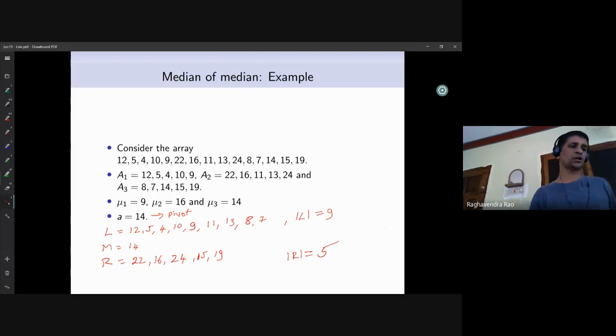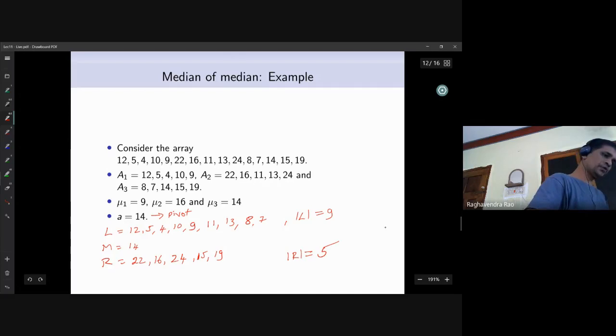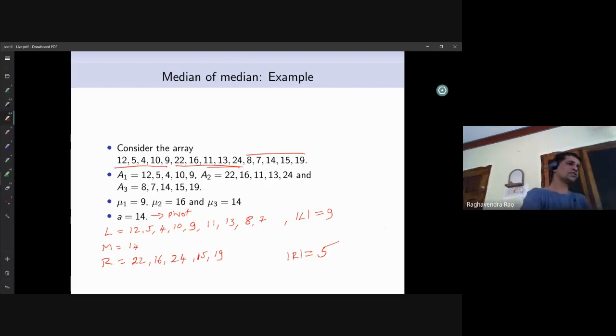Is it clear how the algorithm is working? Just to help visualization, this is the first block, this is the second subarray, this is the third subarray. For each subarray, you compute the median.